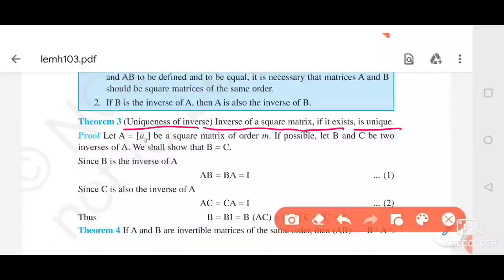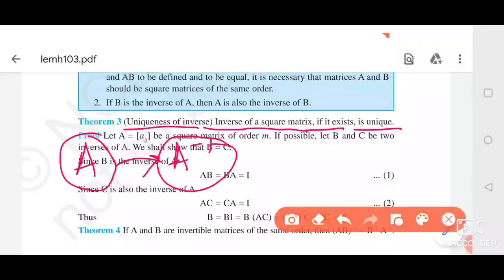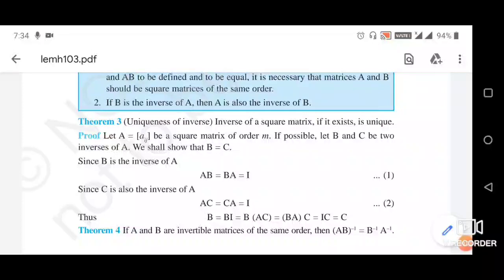That means if matrix A is given and the inverse of matrix A exists, suppose the inverse of A is A inverse, then it is unique. This A inverse is unique, and there cannot be any other inverse of A other than A inverse. So, the inverse of a matrix is unique. So, this is the uniqueness of inverse.